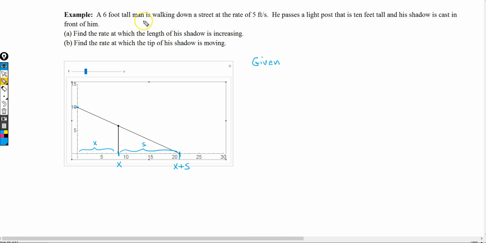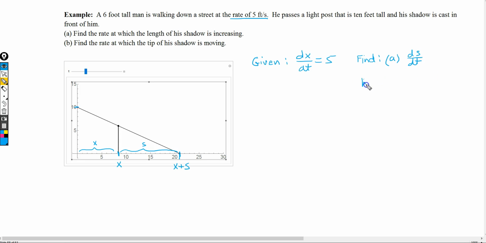All right, now we are given that he is 6 feet tall. He's walking down the street at the rate of 5 feet per second. So that tells us that dx/dt is 5. And we want to find two things here. We want to find the rate at which the length of his shadow is increasing. So for part A, we want to find ds/dt.